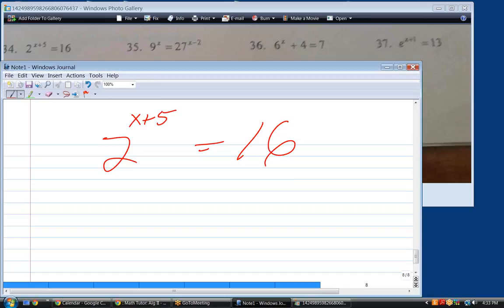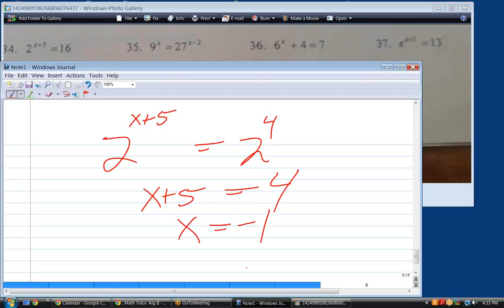What's the common exponential base between 2 and 16? 2. So I can write 16 as 2 to the 4th. Now what? Well, I can't. So it's x plus 5 equals 4. Which means x equals minus 1. Very quick way to do it if you can do it that way.